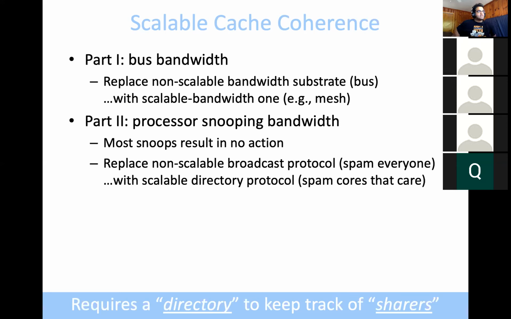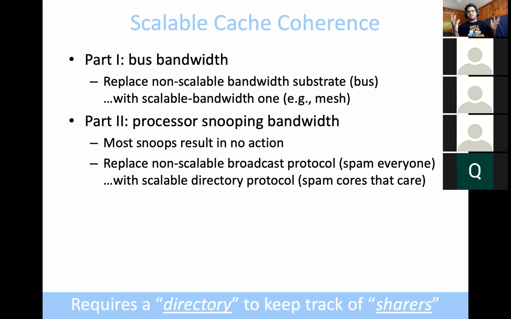Whenever you do a broadcast, say you're doing a bus read or a write, each processor's cache has to listen to every broadcast and then, if needed, do something. But a lot of the time when you listen to a broadcast, you don't have anything to do. You're not involved in that transaction, right? So there's a lot of messages on the bus that are not necessary.